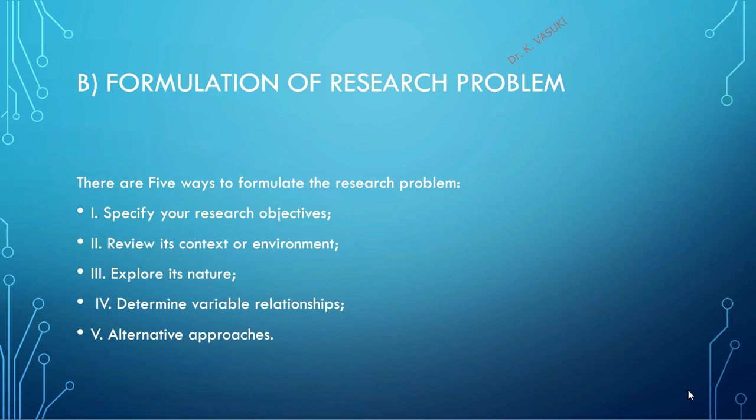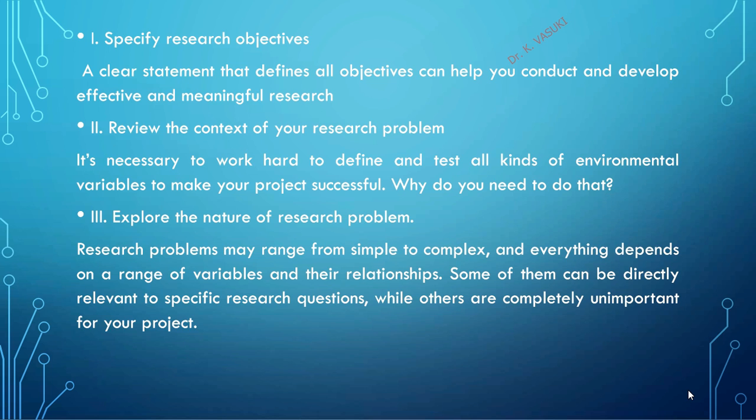In formulating a research problem, there are five ways to formulate it. The first one is to specify the research objective, or formulate the objectives. As a researcher, we have a goal. The goal should be simple.